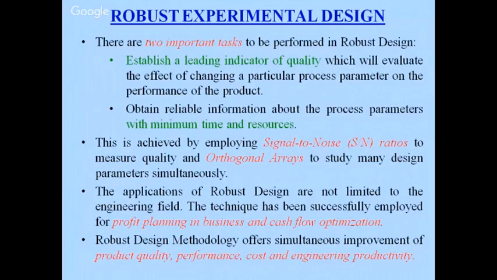As you will see, the applications of robust design are not limited to the engineering field. The technique has been successfully employed for profit planning and even cash flow optimization. Lastly, robust design methodology offers simultaneous improvement of product quality, performance, cost, and engineering productivity.